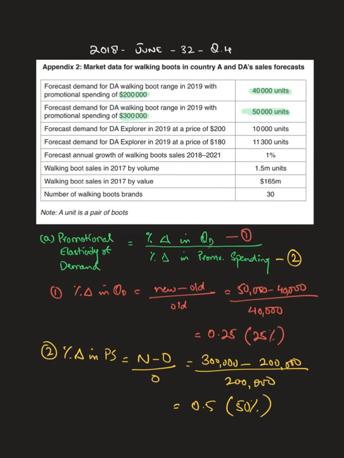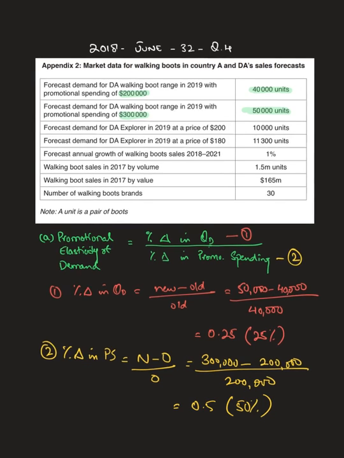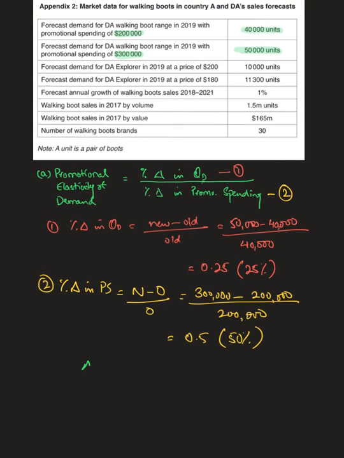So the next step is you put it into the formula of promotional elasticity of demand. So PED becomes 0.25 divided by 0.5, and this gives you a number of 0.5, which makes this inelastic.